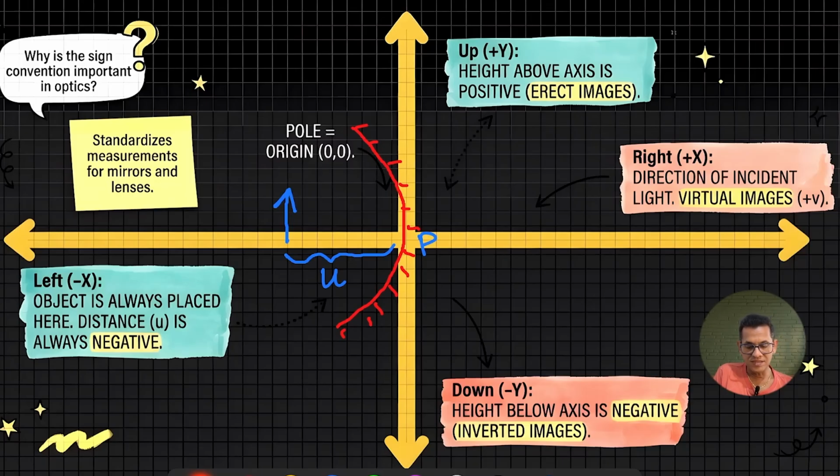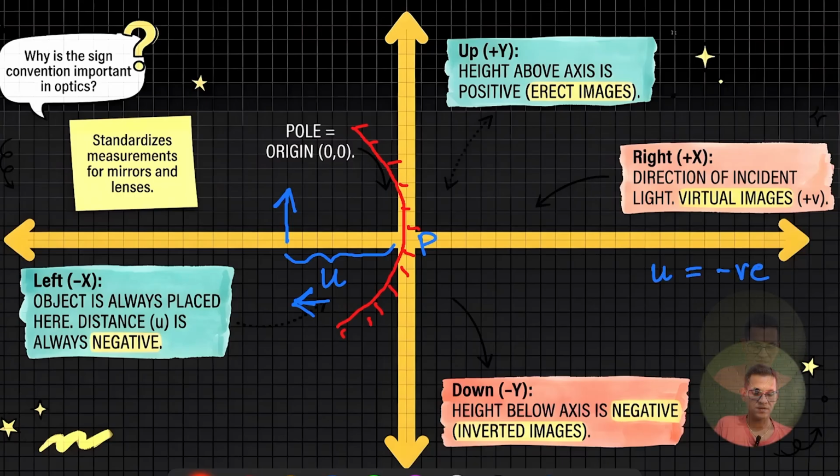Since we are measuring this distance towards the left hand side from the pole, we will always take this value as negative. So U is always taken as negative. This here is the height of the object given by H or HO, which is measured vertically upwards, and hence we can take this value as positive. So height of the object is always positive.